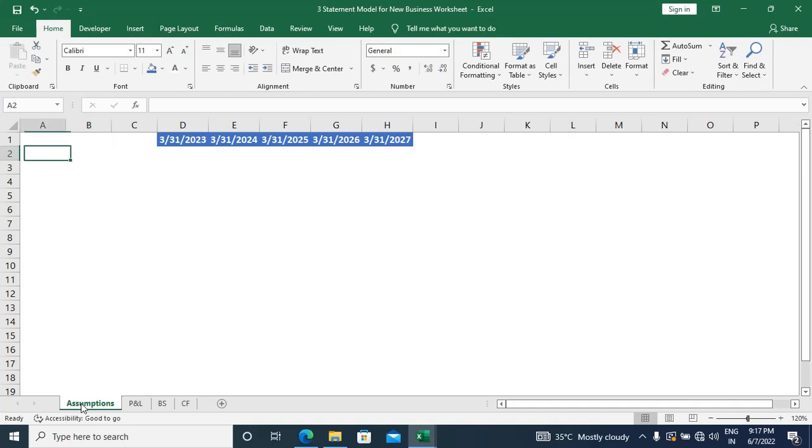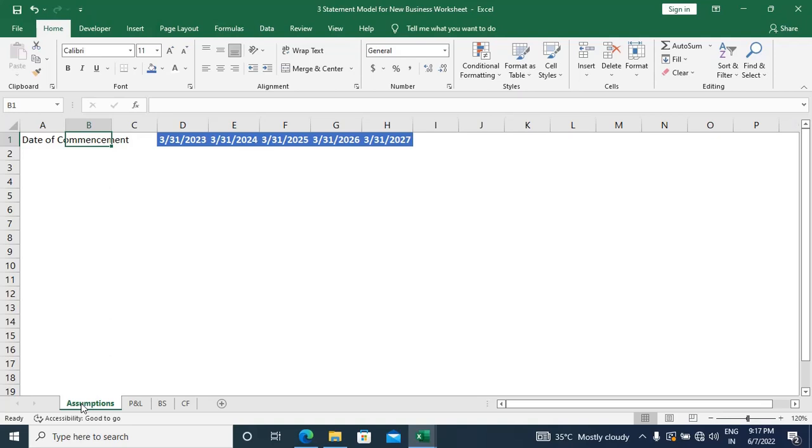Now in the assumption sheet I have something to build. In the assumption sheet I will write down the date of commencement. Date of commencement I have written here. Then what can I write? The actual date of commencement.